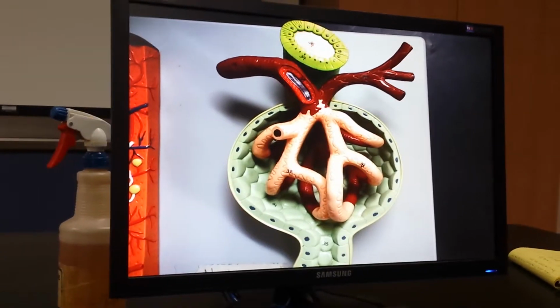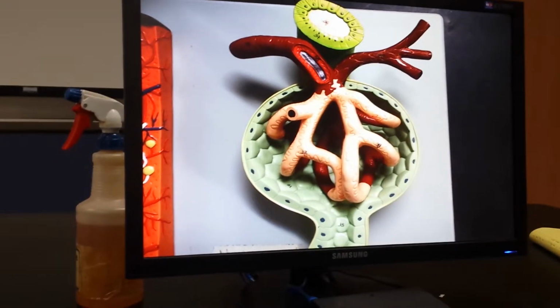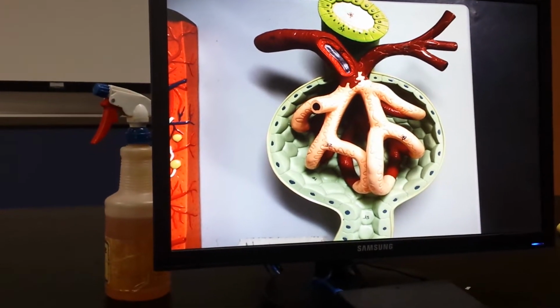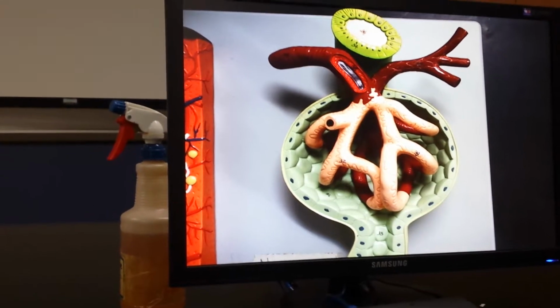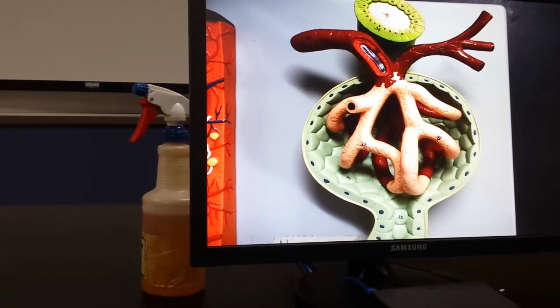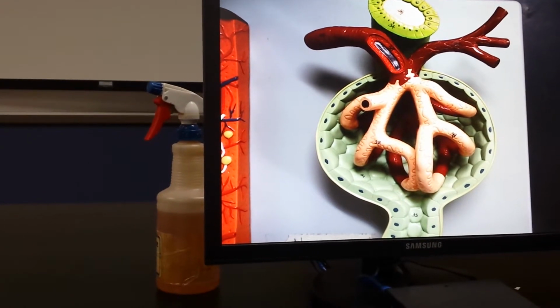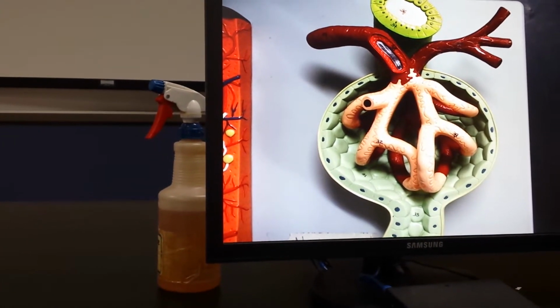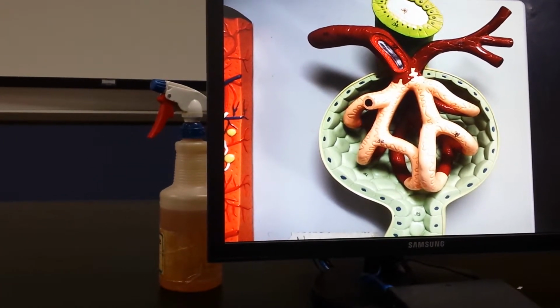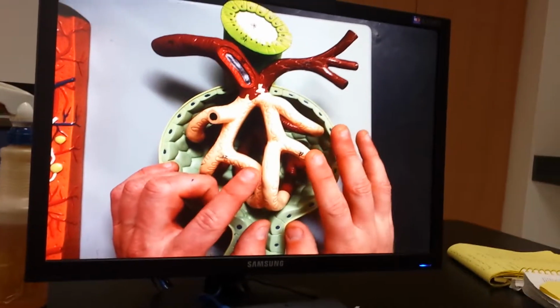If you overeat beets, you will urinate pink. But assuming you're not beet eaters like I am, if you don't eat a lot of beets, you should never have had red urine. It should not have happened, and it shouldn't happen. What happens is, if you put too much pressure, these will open up.